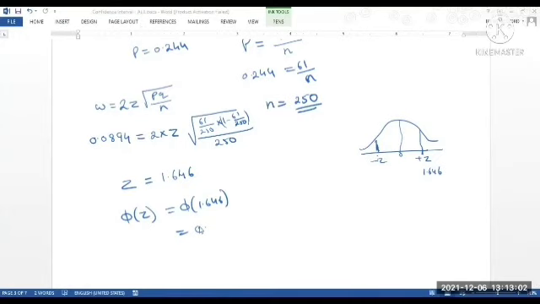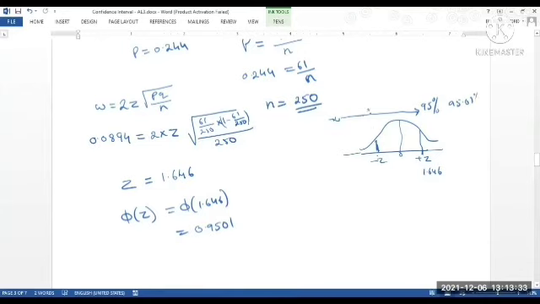So we get from the table 0.9501, which means the area up until this value, right from the lowermost point or negative infinity, is around 95%. To be precise, 95.01%.